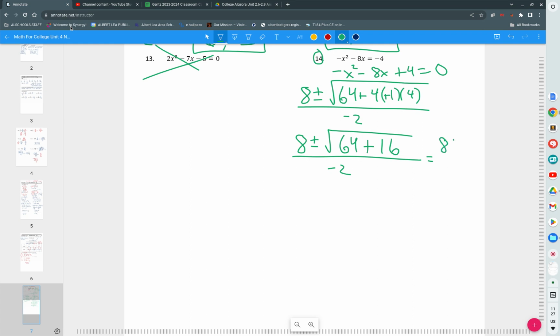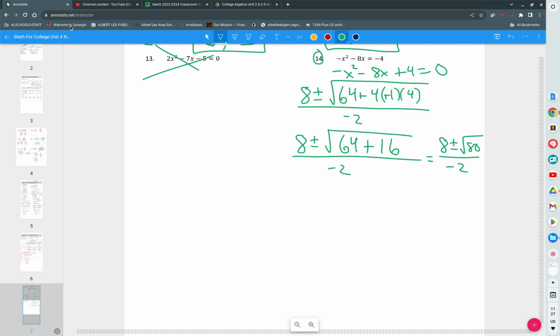So it's positive, so I have two solutions. But is there a square root of 80? No, so we're going to have to simplify it. What is the perfect square that divides evenly into 80? 16 and 5.